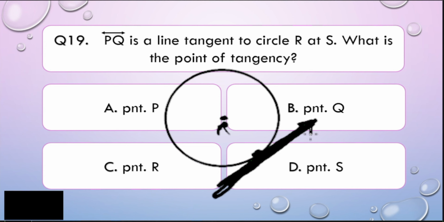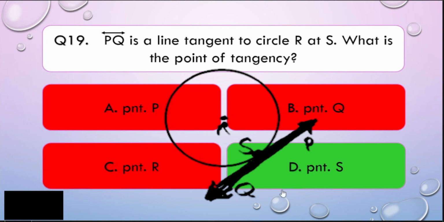This line, of course, has arrows on both ends. I apologize for my drawing. This line is known as PQ. But they meet at S. So the question is, what is the point of tangency? Now, point of tangency is basically the intersection of the circle and the tangent line. So what is that? Of course, that is point S. That is very clear, my dear math learners. So therefore, the correct answer for this given question is letter D. Easy, right? Very easy, my dear math learners.